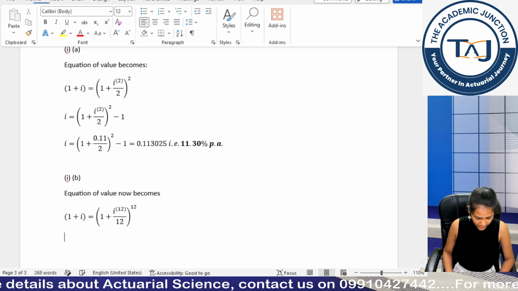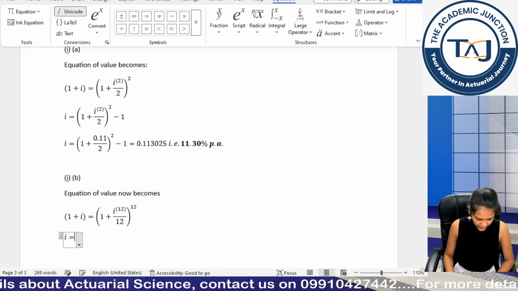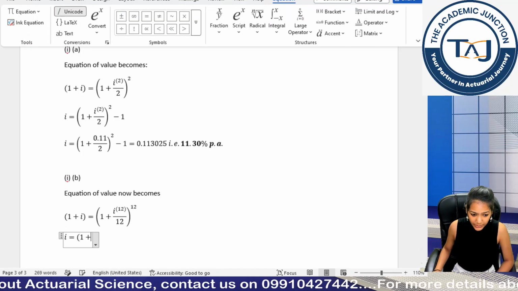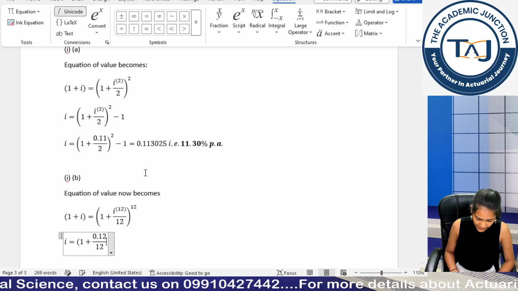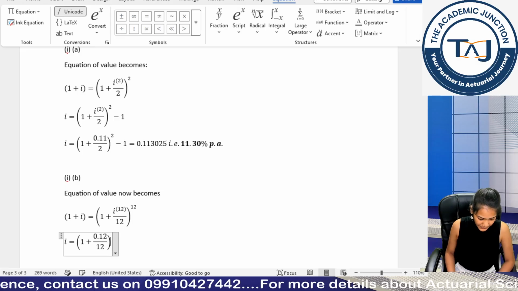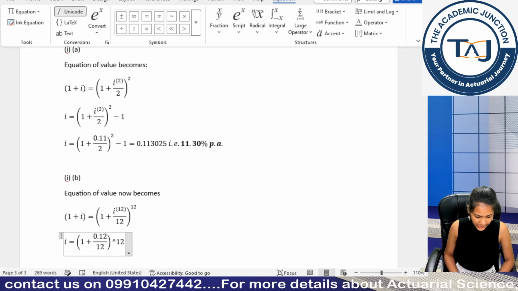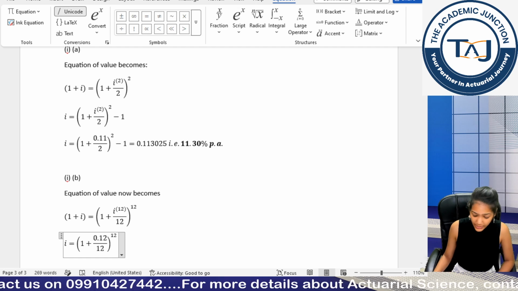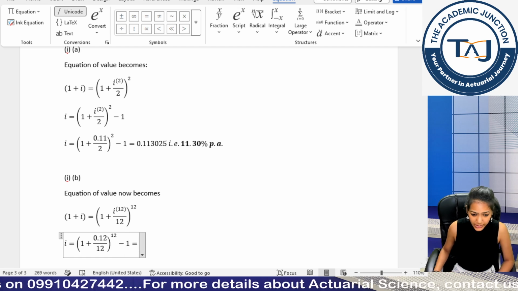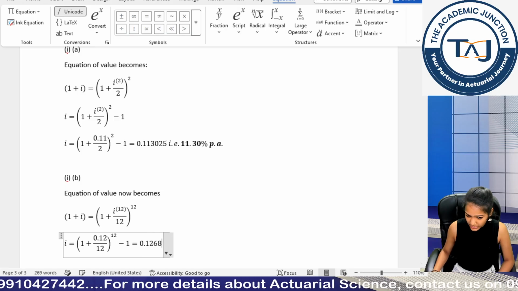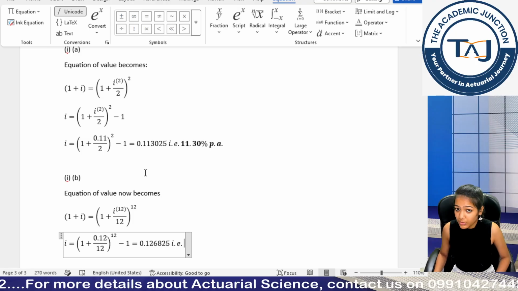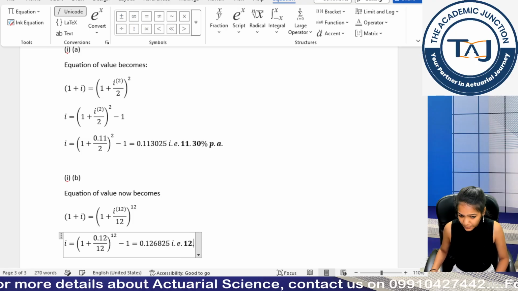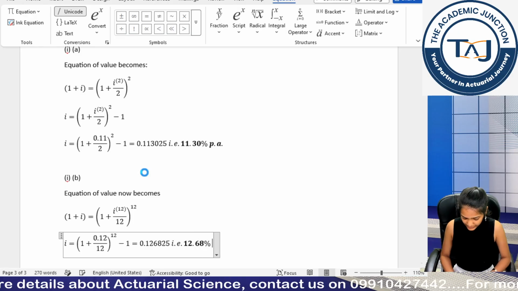Okay, now we just simply do it by putting the values, 1 plus 0.12 by 12 space bar, brackets close, space bar raised to the power 12 space bar to move it to the superscript, then minus 1, this we get equal to 0.126825, this is equal to, bold out the final answer, okay, 12.68 percent per annum.